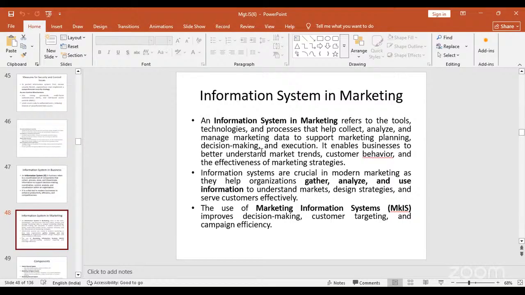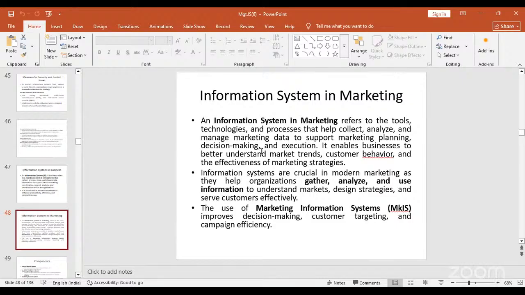By taking effective decisions, they can make the product usable by the customers. Then target the customers. What are the tastes of the customers? What type of data, what type of items, products the customer always searches, looks for. That is, they target the customers.